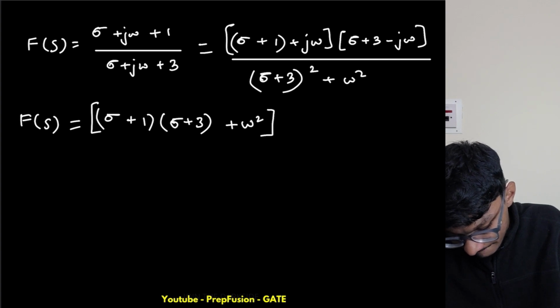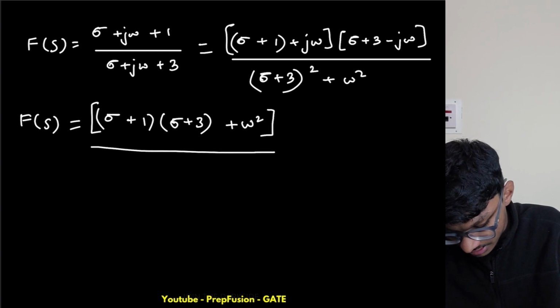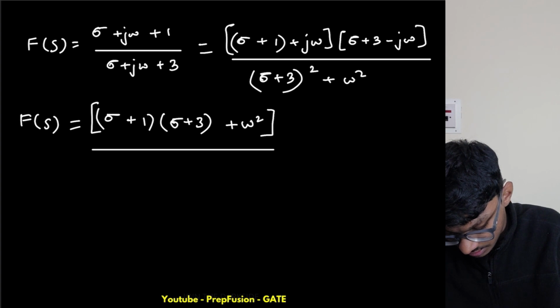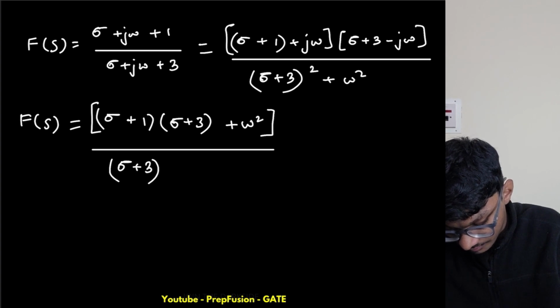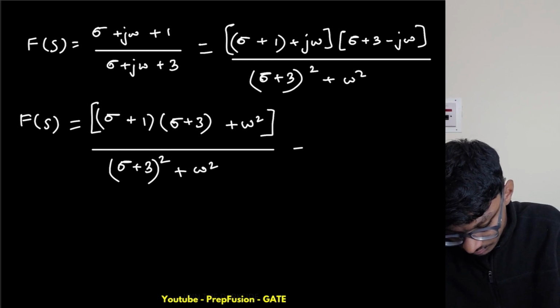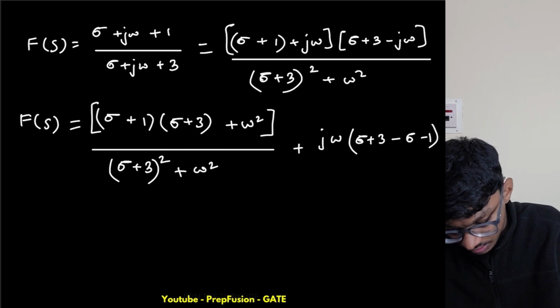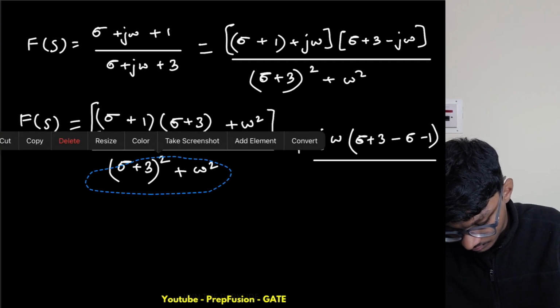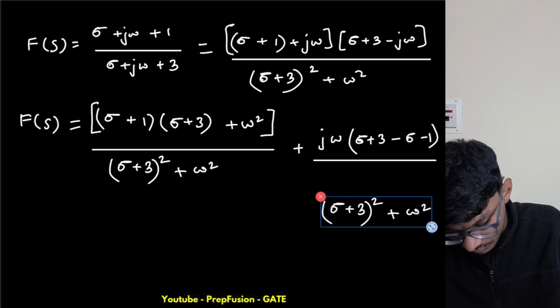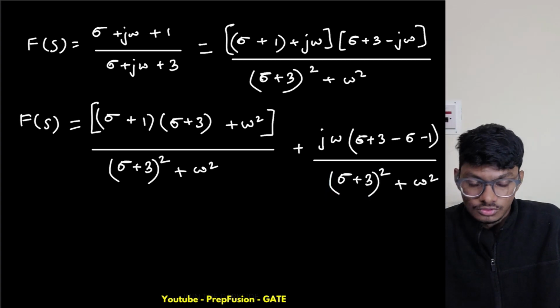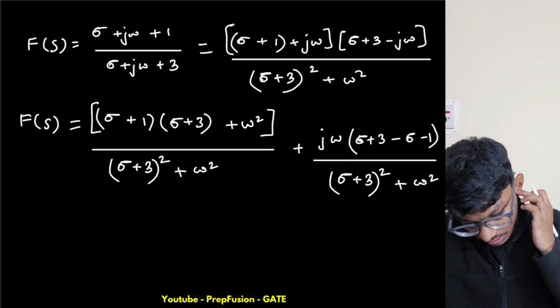Now this is this one. And what is the imaginary component? The denominator has itself that sigma plus 3 whole square, plus j omega, sigma plus 3 minus sigma minus 1. Okay, so this is what the real and imaginary components are.